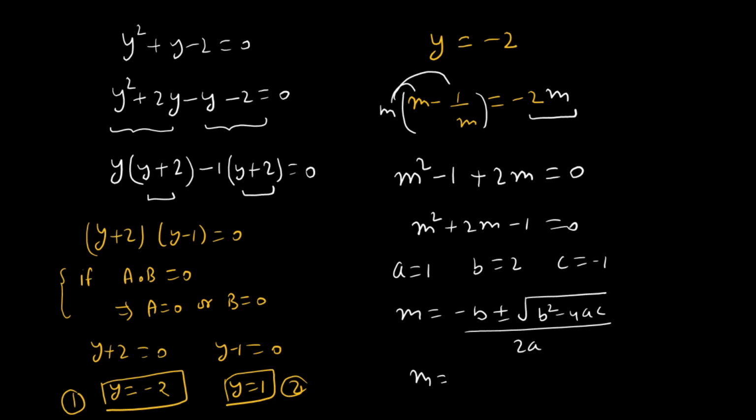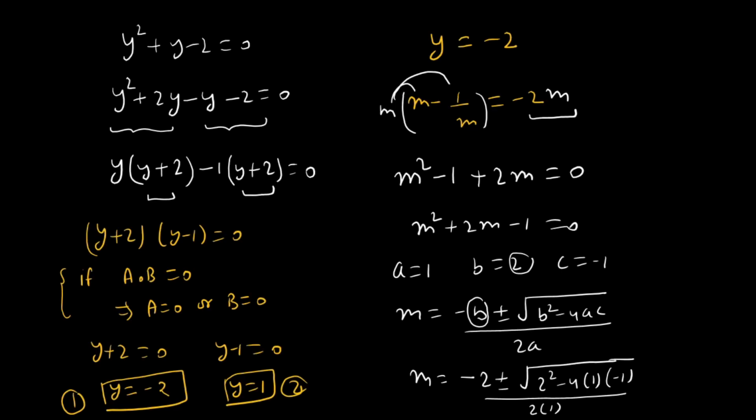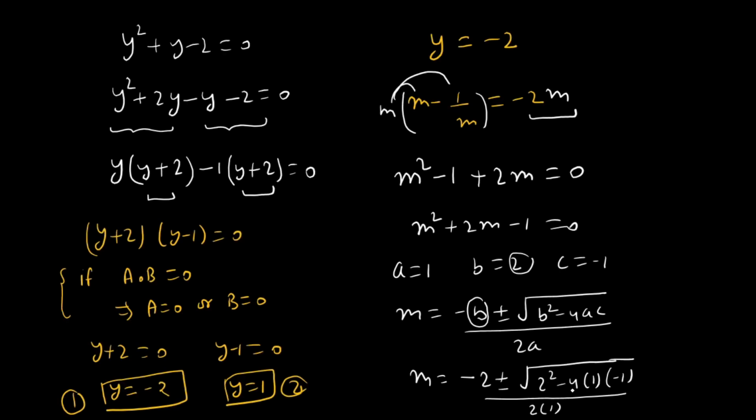Then m is equal to minus 2 plus minus square root of 2 square minus 4 times a, that is 1, and c, that is minus 1, divided by 2 times a, that is 1. Here 2 square is 4, and minus 4 multiplied by minus 1 gives plus 4. 4 plus 4 is 8.